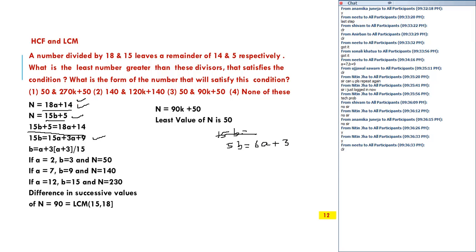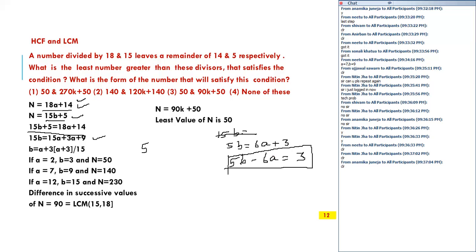I have not removed the common factor here. Now can I write 5b as... What is 5b minus 6a? Now using this, I'll come to why I wrote this.